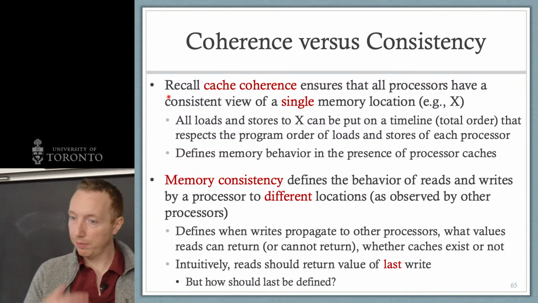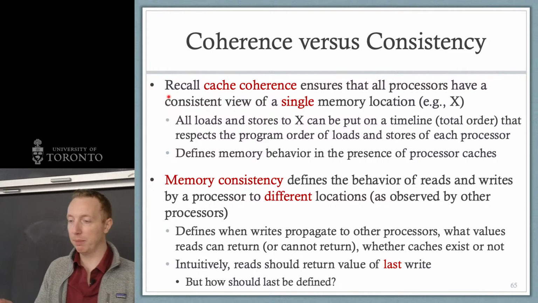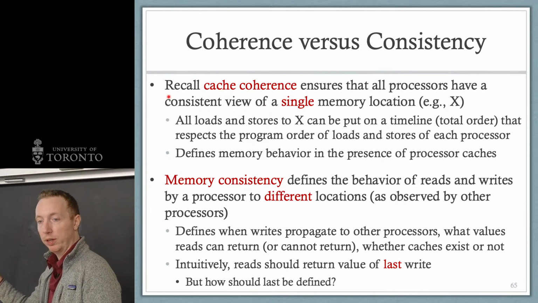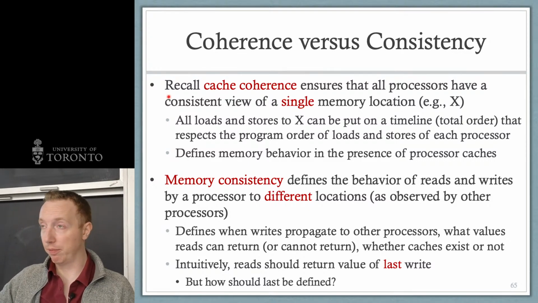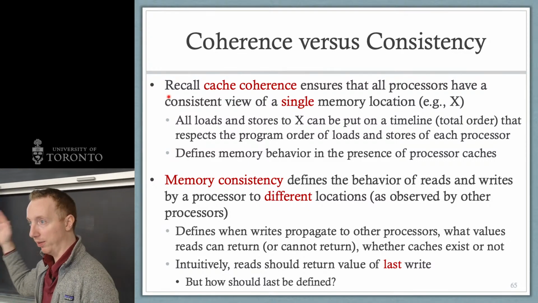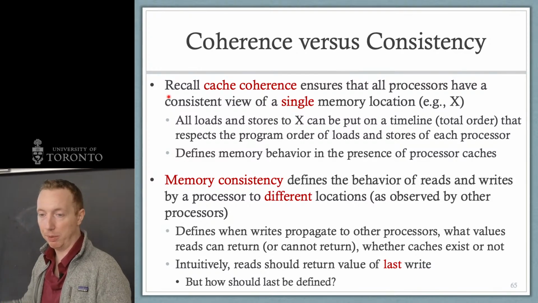If you have coherency, you can put all loads and stores on a timeline that's ordered, and it will respect program order of the loads and stores of that processor. So the order you wrote them in is the order that they actually happen in.